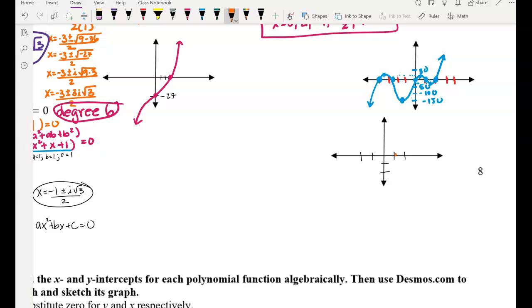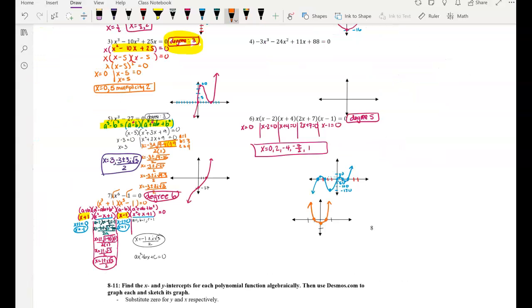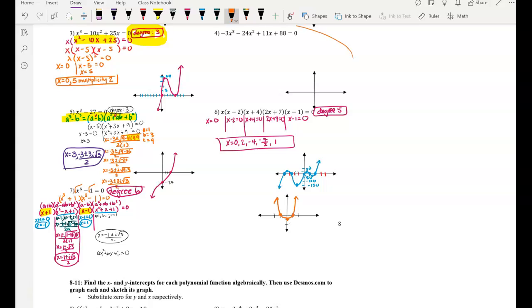By the way, the only time that you're going to get a line is when, what degree should it be if you want a line? A linear has what degree? 1, right? Linear is y equals mx plus b, and that x is just going to have a degree of 1. Currently, you guys should have everything sketched because I did ask you to sketch that on your own, right, guys?